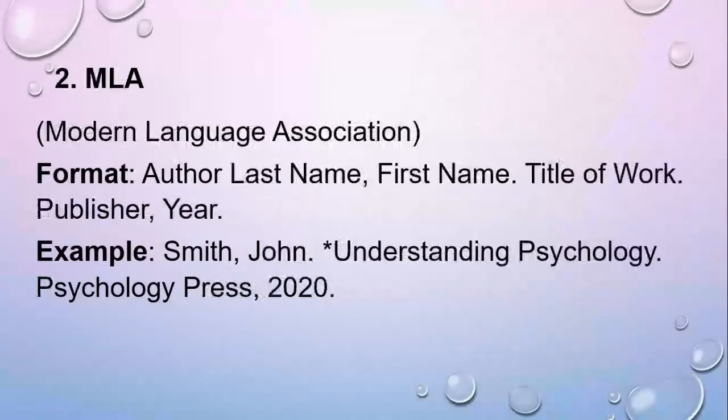The second one is the MLA, or Modern Language Association. The format is the author's last name, then the first name, the title of the work, the publisher, and the year. It's a little bit different from APA, like Smith, John, Understanding Psychology, Psychology Press. See the difference between the two?